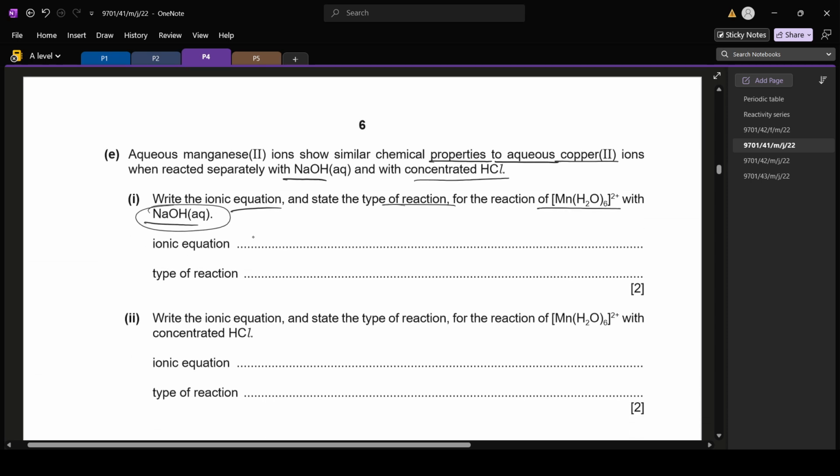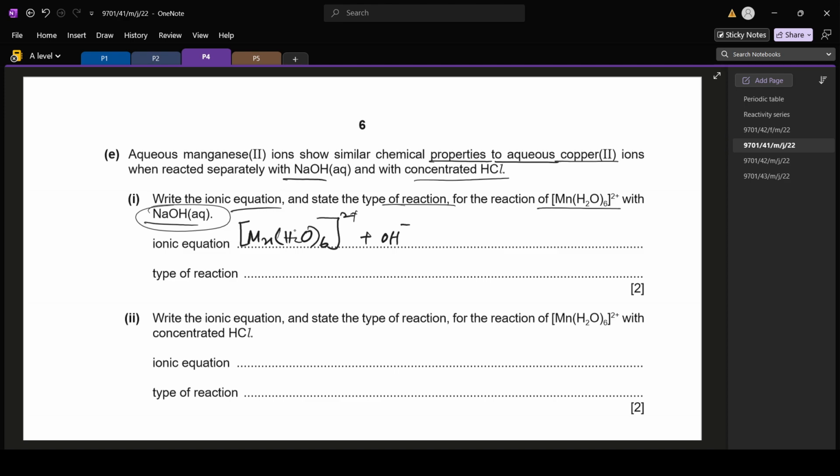Okay, the ionic equation. So for this ionic equation, the manganese complex, [Mn(H2O)6]2+, reacts with OH- ions.